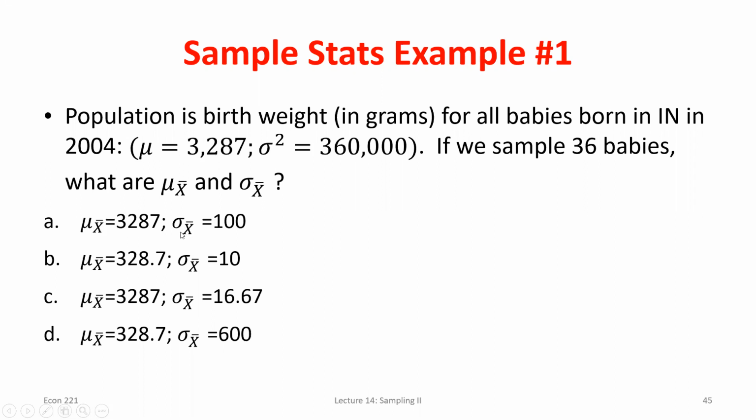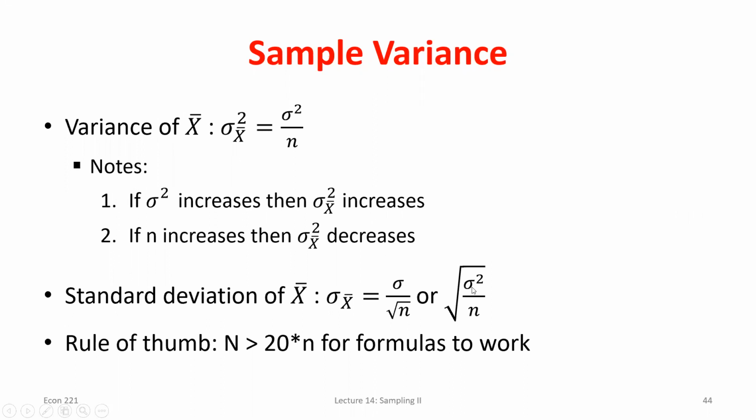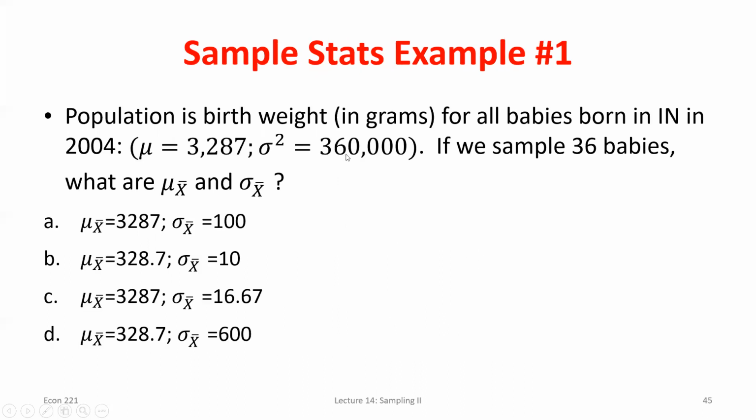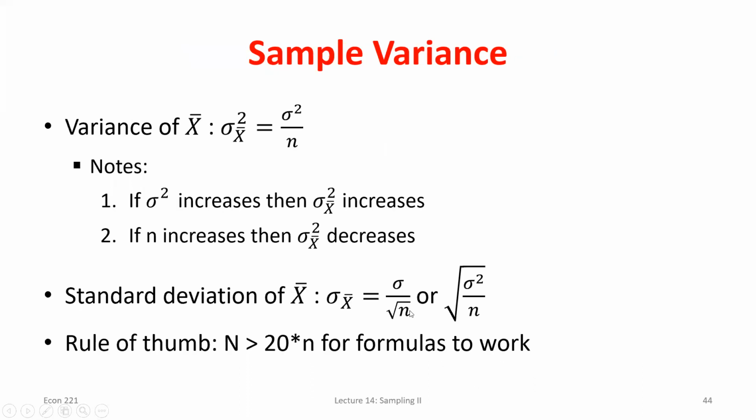And then the standard deviation of those sample means would just be: take the original variance, divide by the sample size, and take the square root. So I take that original variance, divide it by the sample size of 36, I get 10,000, take the square root, it should be 100. I think I used the other format here, which was first calculating the standard deviation, which was 600, then dividing by the square root of n.